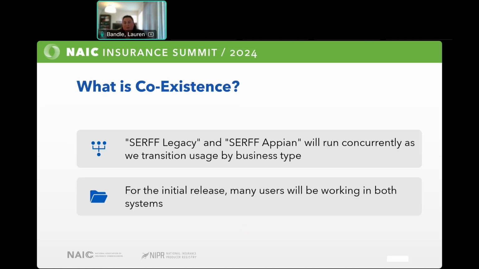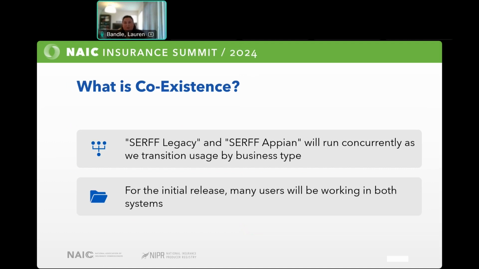You might have noticed on that timeline, and some of you may work in multiple business types. So you may be somebody that files to the compact, but also files life filings to states. And for this, we will enter a period of coexistence where both platforms will run concurrently. And for many users, you will be in multiple platforms at the same time.